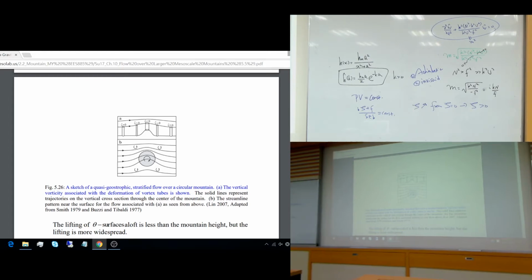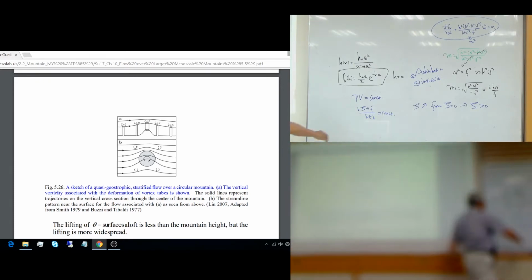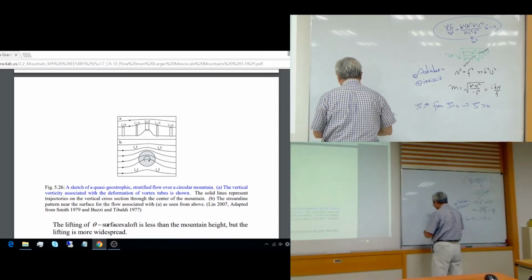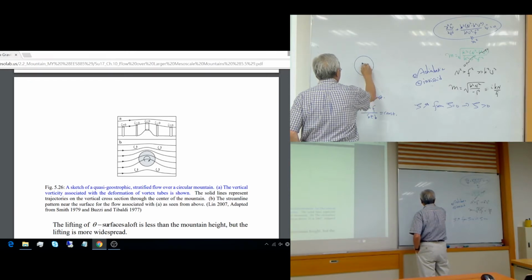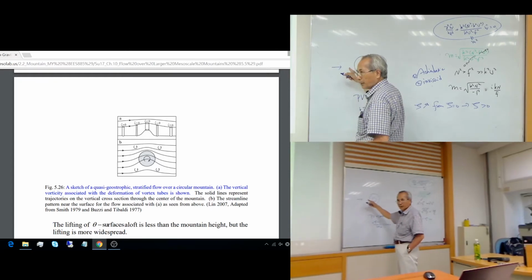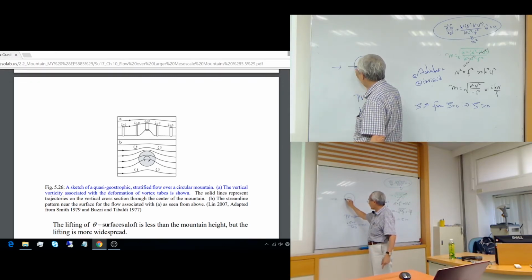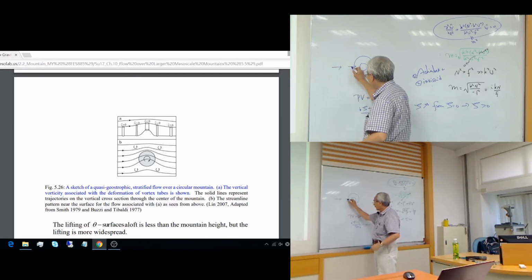This is mountain, right? So flow comes in to here. You only have three ways, no other ways, coming near the mountain. One is to keep going in the same direction. Another way is to turn to the north. The other way is to turn to the south.